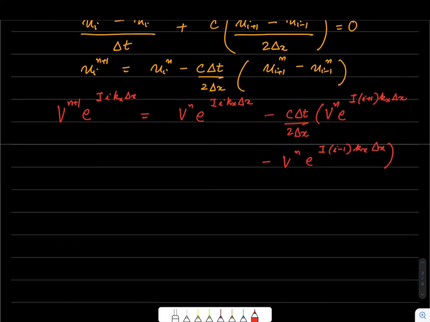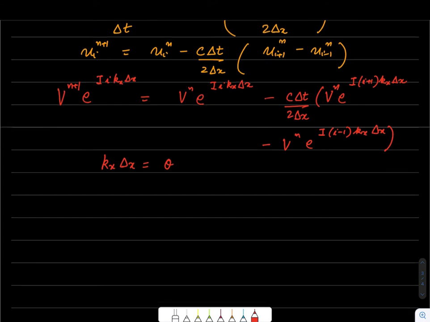Now let me choose again kx delta x because that is going to appear everywhere. Let me say this is the variable theta. So we will write Vn plus 1, and noting that we'll have this factor, if I can highlight this here, this whole factor here would actually appear on both sides. So this is there, this is here, right?